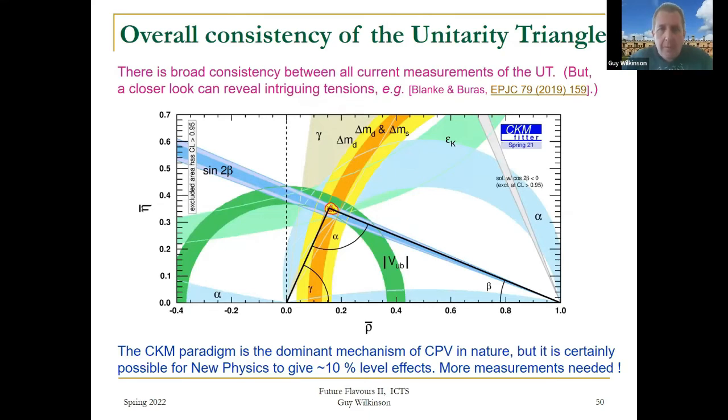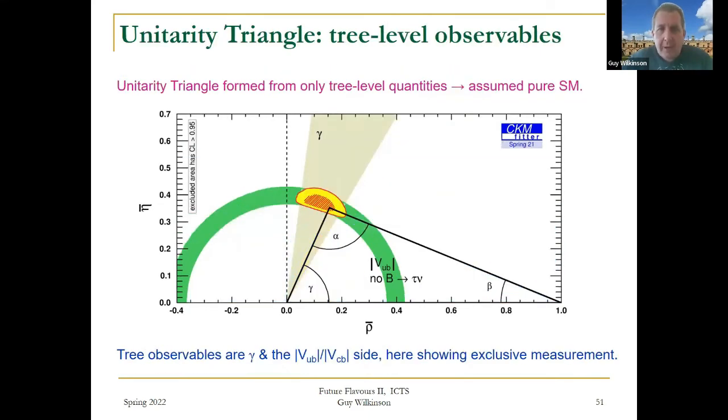Okay, finally, I said that it's interesting to compare tree level quantities, which we believe are identical to those the standard model would predict. There are two of them in the conventional unitarity triangle: there's gamma and then this Vub here, which is also given by tree level processes. So that gives one apex.